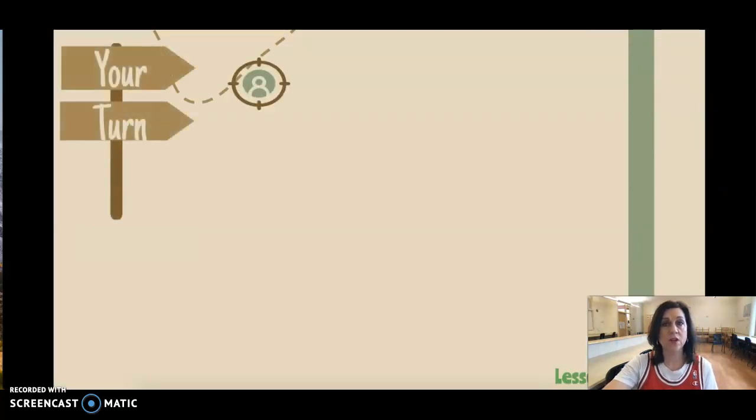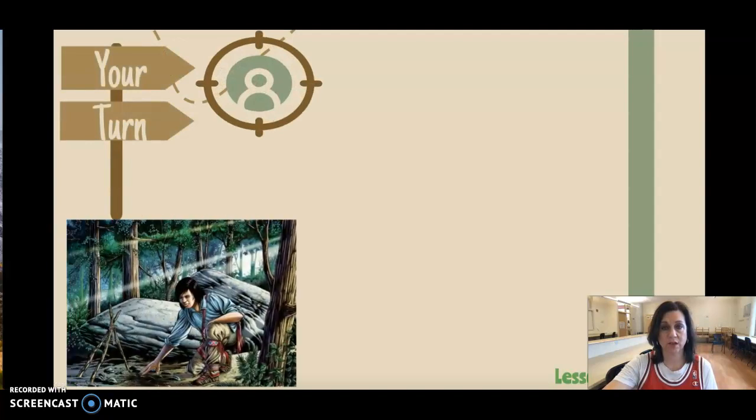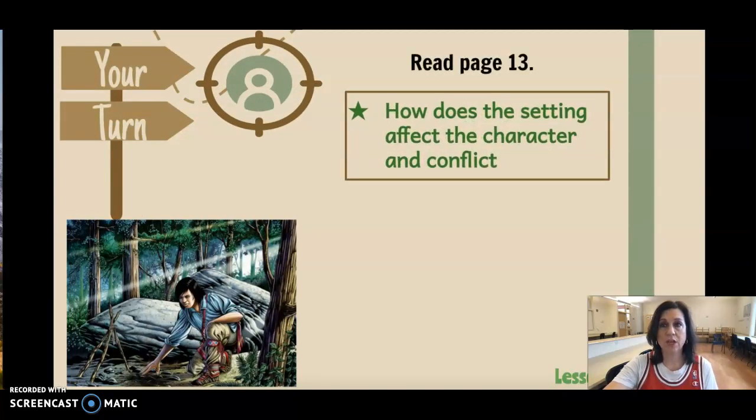All right, I want you to give this a try now. I want you to read page 13. And on page 13, how does the setting affect the character and the conflict? Remember, it's the French and Indian War. A village has been destroyed.